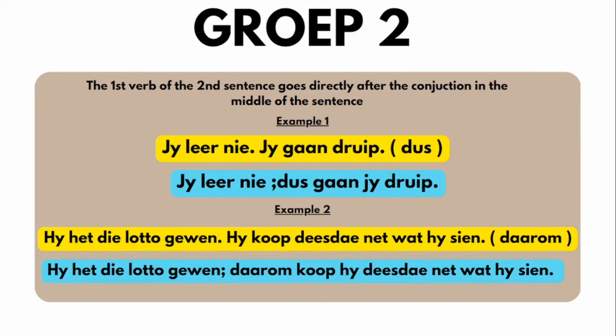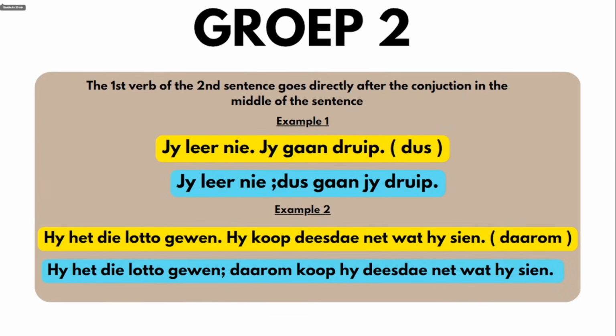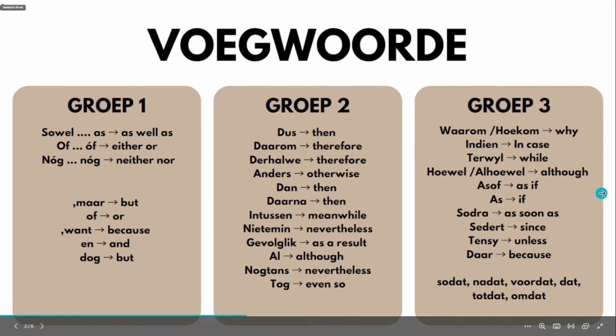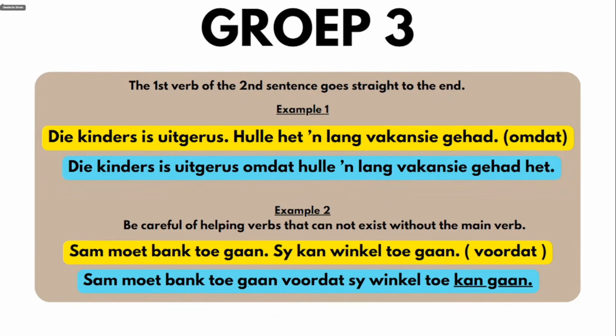Okay, let's move on to group 3. So group 3 says the first verb of the second sentence goes straight to the end. So every time you come across any of these words, you need to apply this rule. So let's look at the first one. This is the simplest it can be. Die kinders is uitgerus. That's the first sentence.